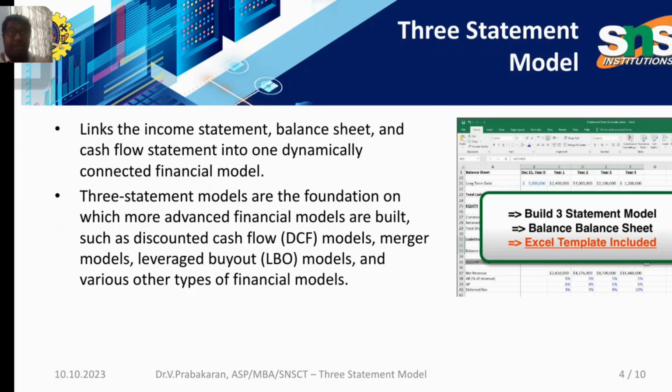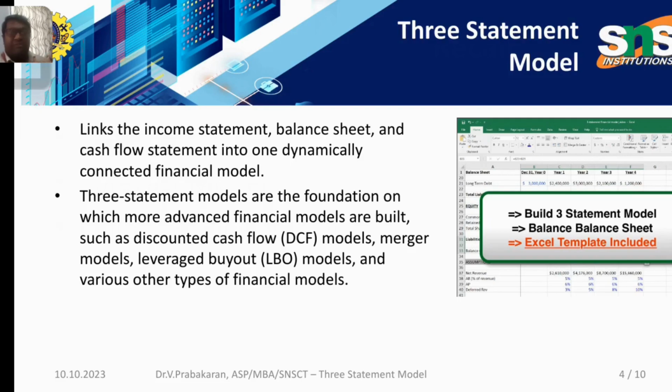The income statement, balance sheet and cash flow statements are combinedly called the three statements, and a model generated with the use of these three is called a three statement model.